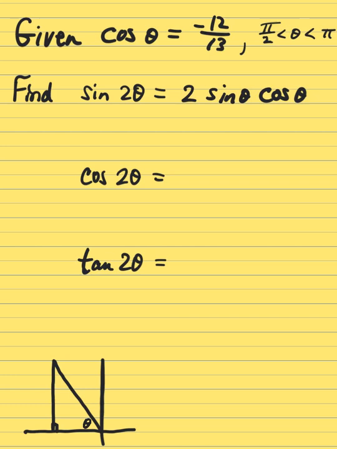Cosine is adjacent, or the x direction, over the hypotenuse. 169 minus 144 is 25, and the square root of that is 5. If you need to jump over to the side and use Pythagorean theorem, that's just what I verbally did right then. Okay, back up to sine 2 theta.